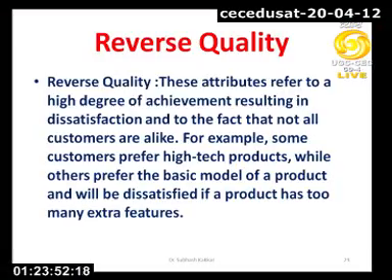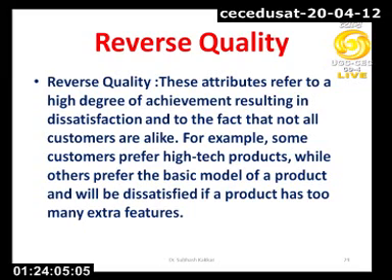Now, there is one more term which is reverse quality. Reverse quality: these attributes refer to a high degree of achievement resulting in dissatisfaction, and to the fact that not all customers are alike.